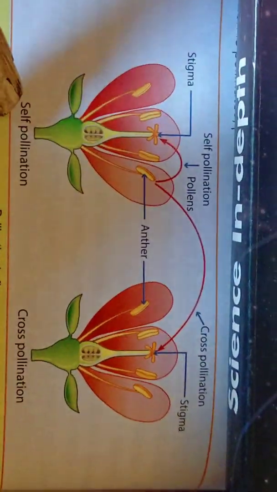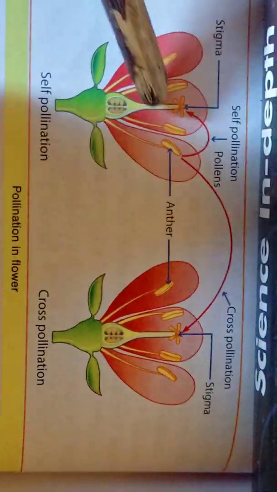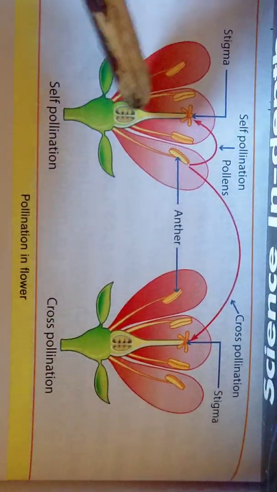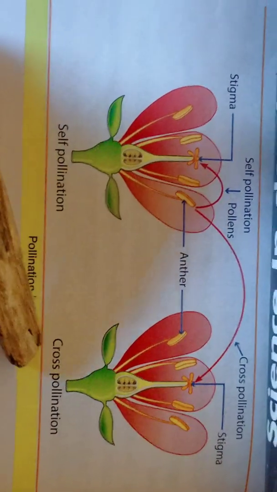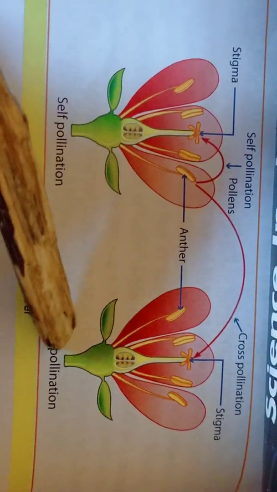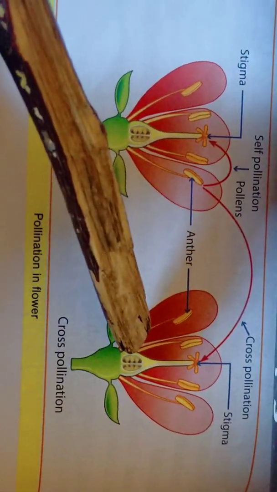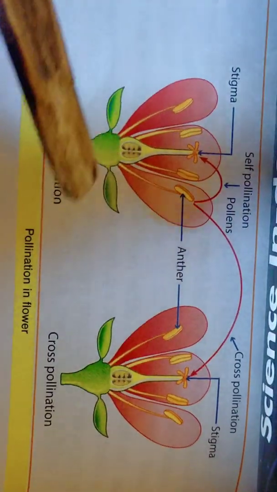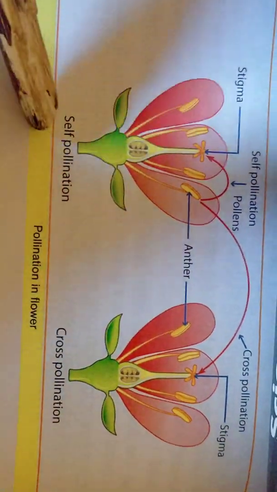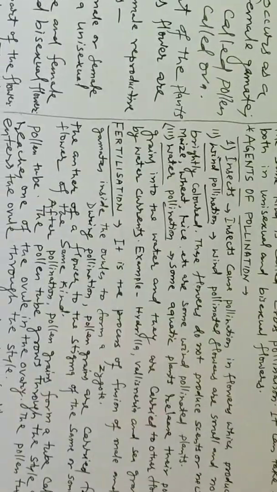In case of self-pollination, you can see here a stigma, and the pollen grain from the same flower, same plant. This is the anther. Similarly, in cross-pollination, you can see it is from another flower of the same or another plant and a stigma here. So you will see the diagram of self-pollination and cross-pollination.